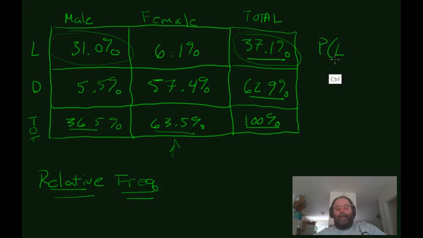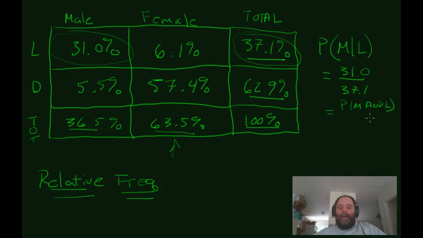Or sorry, let's go the other way: the probability of being a man, given that you like Kraft Dinner, is 31% out of the 37.1%. Aha, because this is the probability, remember, of being a man and liking Kraft Dinner over the probability of liking it. Making connections here.